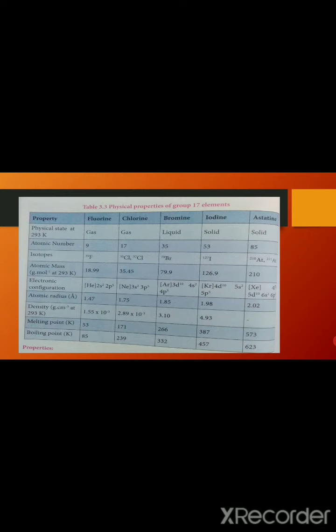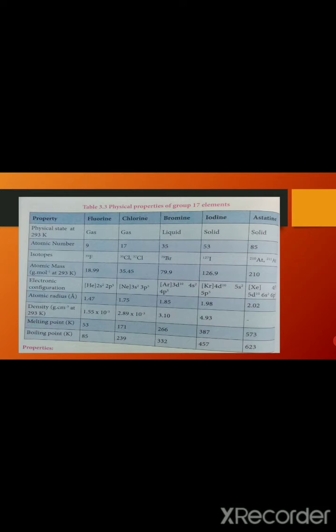It needs only one electron to have the complete octet structure. Similarly, 3s2 3p5, 4s2 4p5, 5s2 5p5, like that it goes on, for argon, krypton, xenon. So this is the electronic configuration of fluorine, chlorine, bromine, iodine, which is one electron less than the inert gas structures.